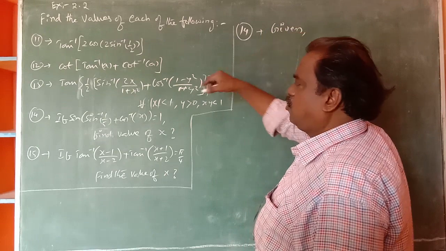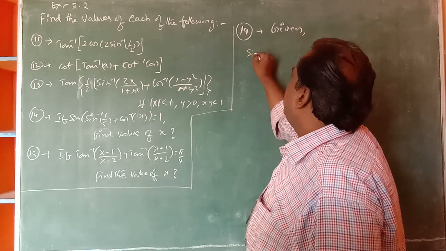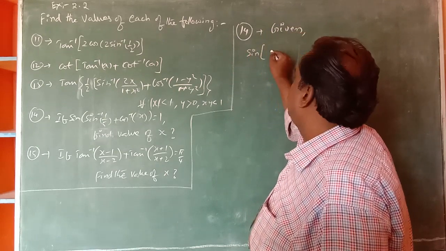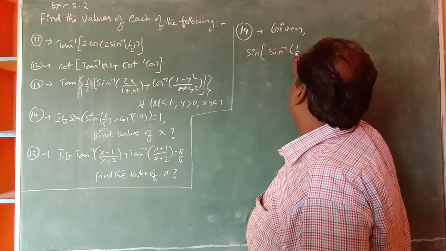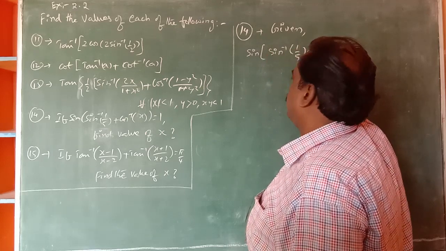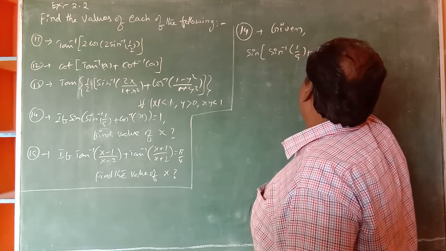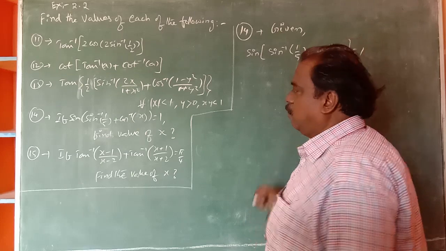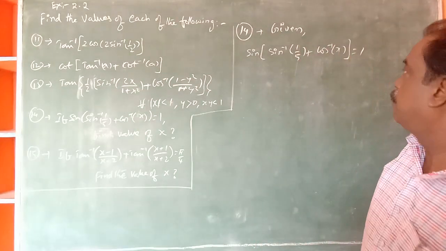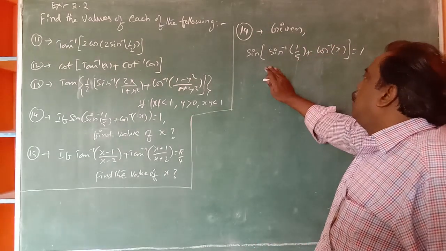Given. What is given in the problem? It is sine inverse 1 by 5 plus cos inverse x is equal to 1. This is given.